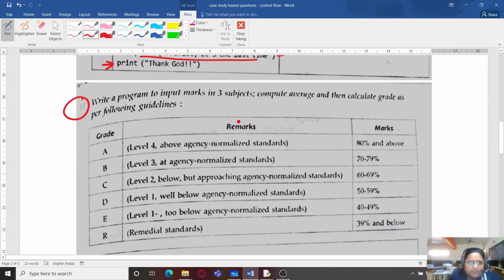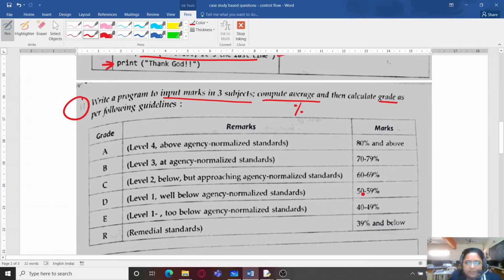Coming to the next question, write a program to input marks in 3 subjects, compute average, and then calculate grade as per the following guidelines. So we need to first accept marks of 3 subjects, calculate the average, that is the percentage, and then also deduce the grade.